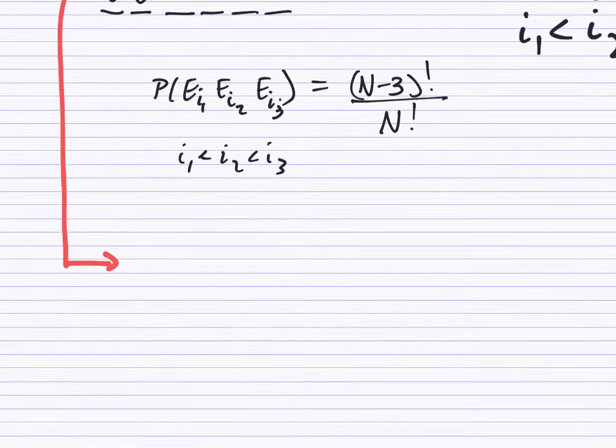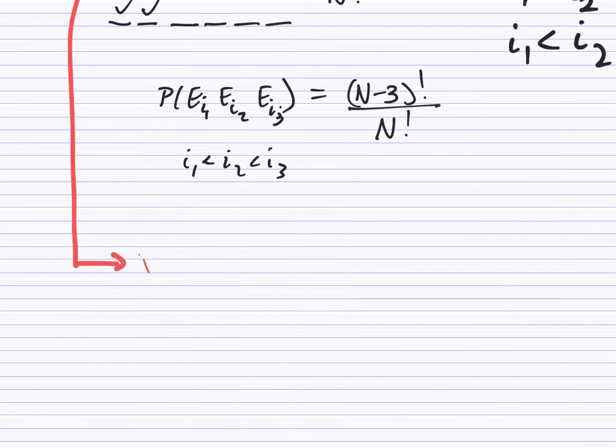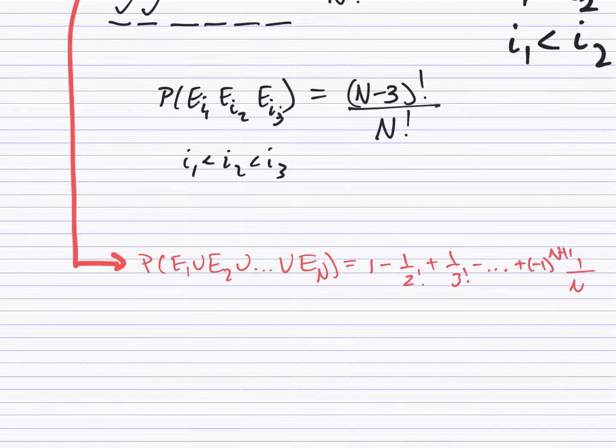So the probability that at least one person gets their hat, the probability of E1 union E2 union ... union E sub n, is equal to 1 minus 1 over 2 factorial plus 1 over 3 factorial, and so on all the way up to plus minus 1 to the n plus 1, 1 over n factorial. Okay?